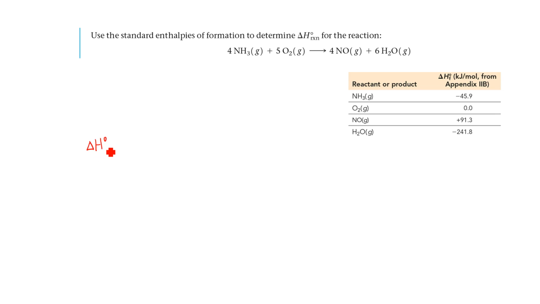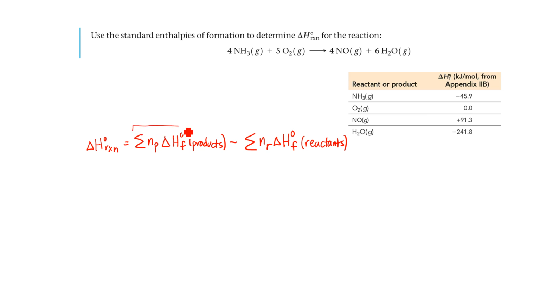Delta H of the reaction is going to be equal to the sum of the stoichiometric amounts of the product, delta H formation of our product, minus the sum of the reactants. All right, so this is the equation from the previous slide. How do we use this equation?